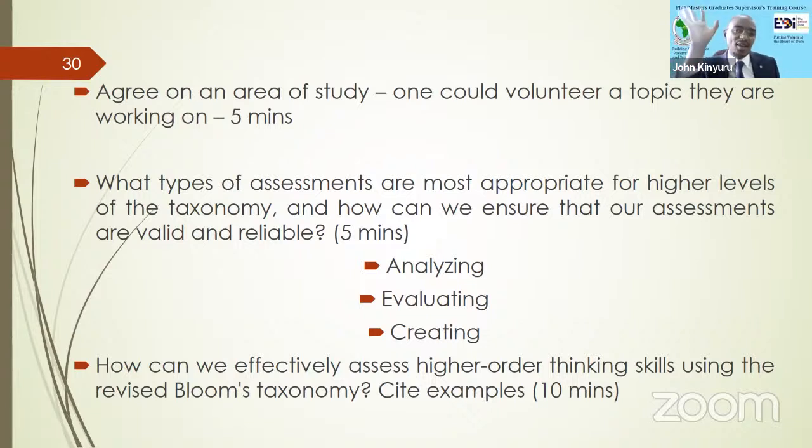But just take your time, pick a leader, pick a topic or an area of study, then quickly discuss what type of assessments. Time yourselves, 5 minutes, don't exceed. Then go to the next question, take about 5 to 10 minutes again, and then we'll reconvene and conclude. Okay?